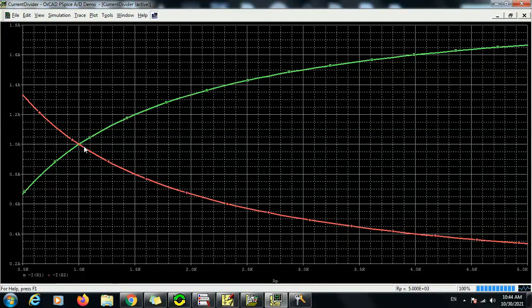So at the very beginning, when R2 is very small, half kilo ohm, and R1 is 1 kilo ohm, we have this current value here at R1 and this current value here at R2.